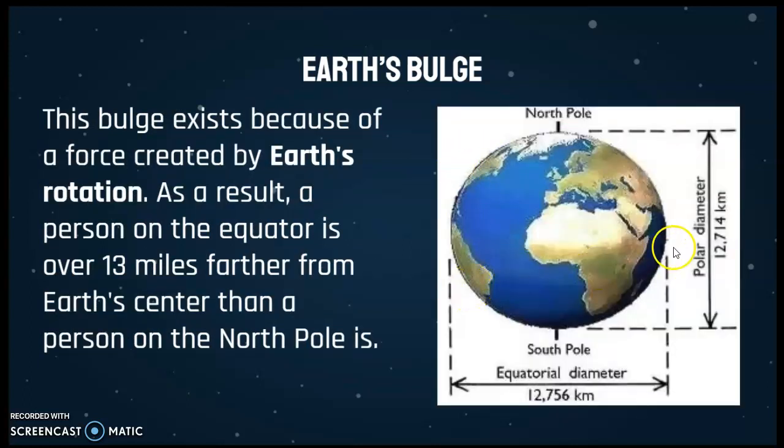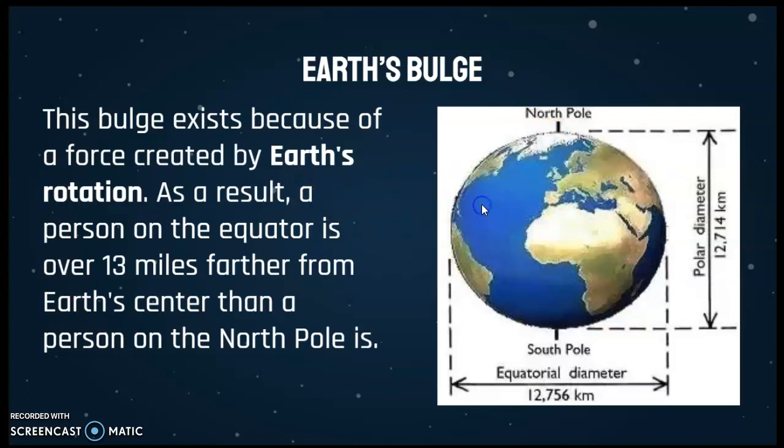The reason this is the case is because of the rotation of the Earth. Due to centrifugal forces, the Earth has been spread out throughout time, so if we're looking at diameter, we're actually wider than we are tall. So we're not quite a perfect sphere.